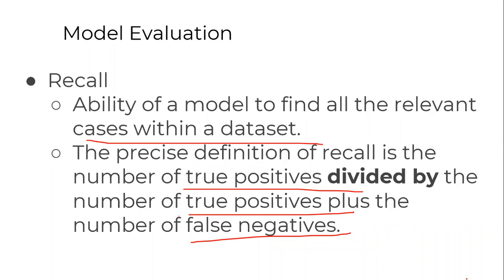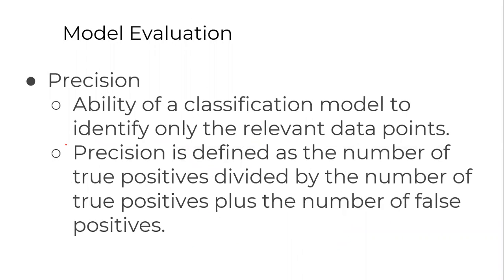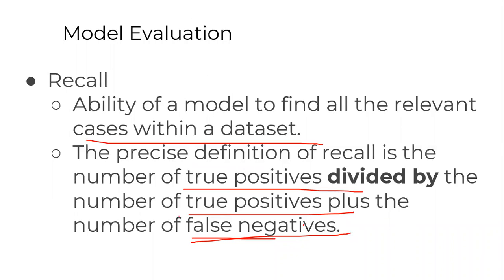This concept of true positives and false negatives will become clear later on in the slides. Precision is the ability of a classifier to identify only the relevant data points, defined as the number of true positives divided by the number of true positives plus the number of false positives.